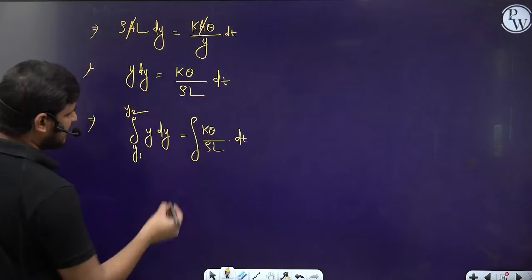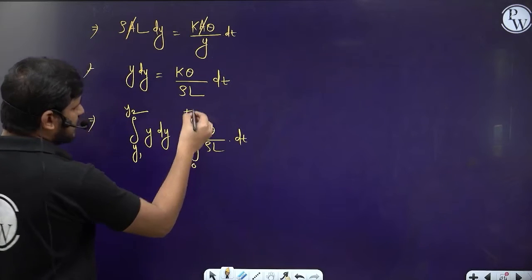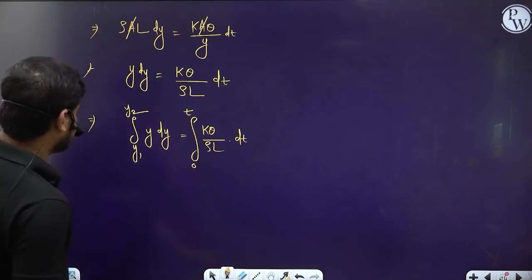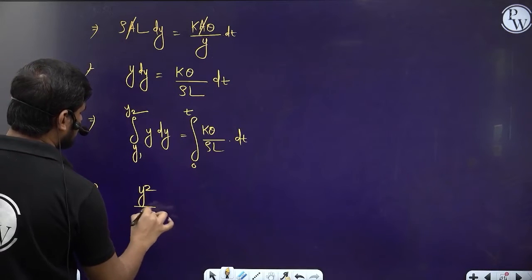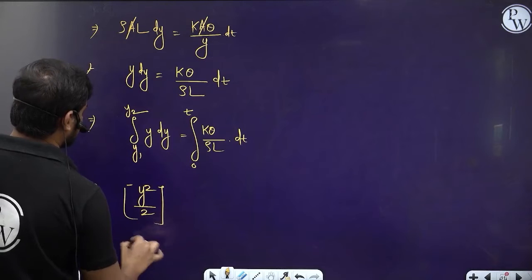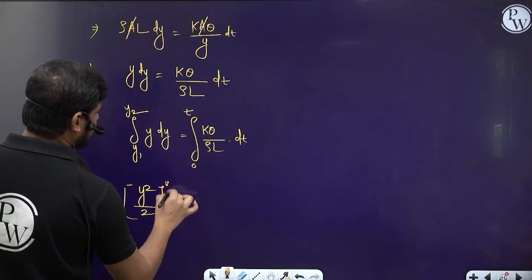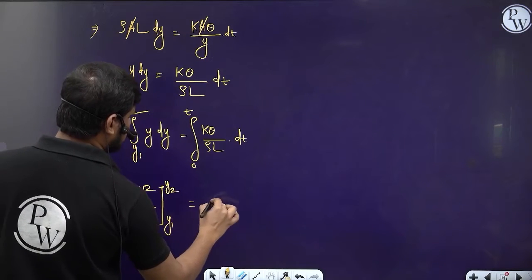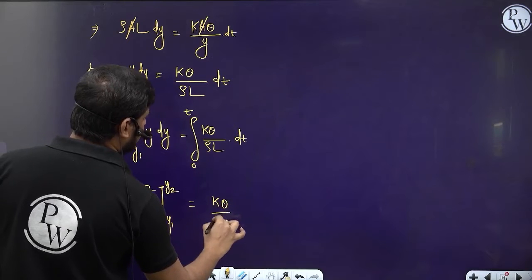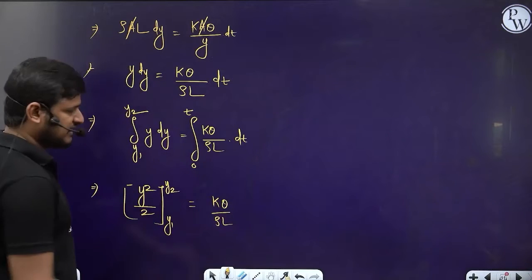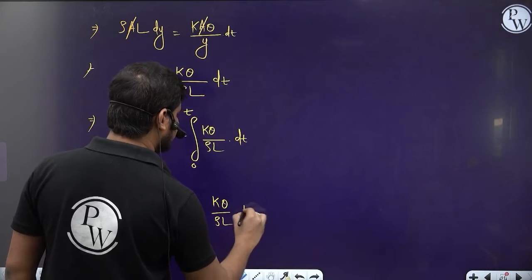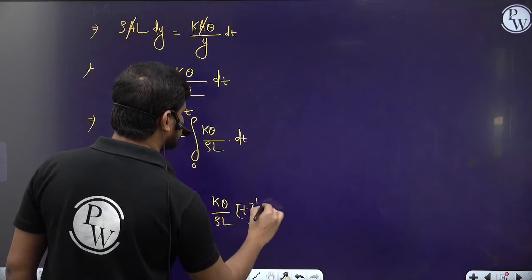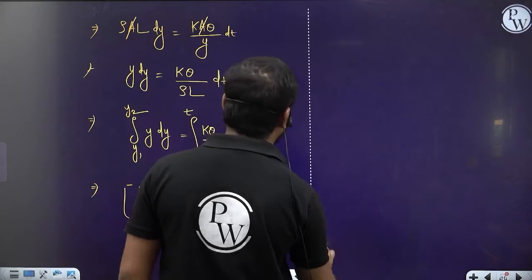From where to where? In the time 0 to, let's say, some time t, right? So it becomes y square by 2 from y1 to y2, which is equal to K theta rho L are constants, into the integration of dt. The integration of dt I can write t, from 0 to t. Chalo. Let's move further.